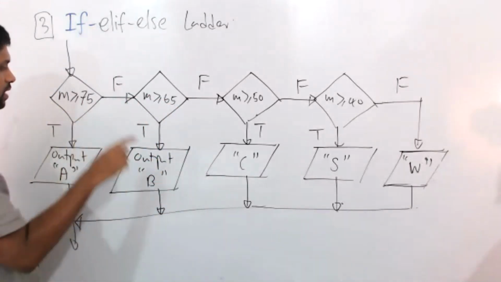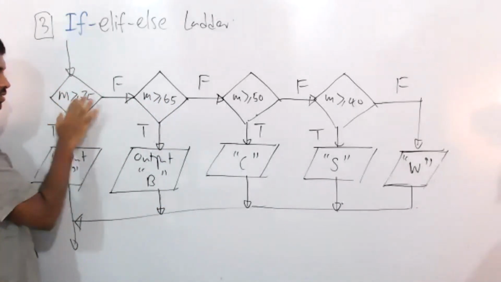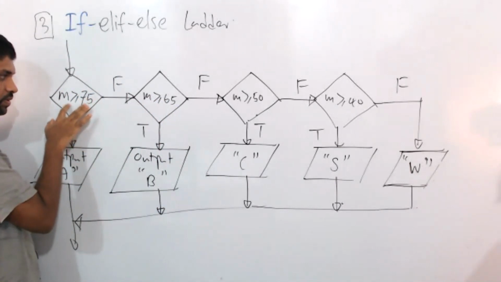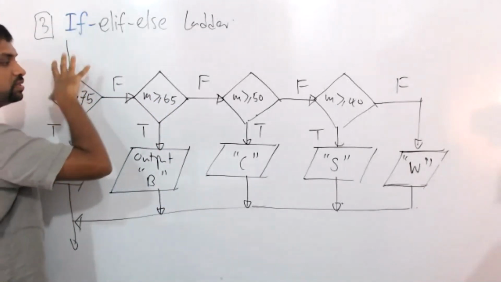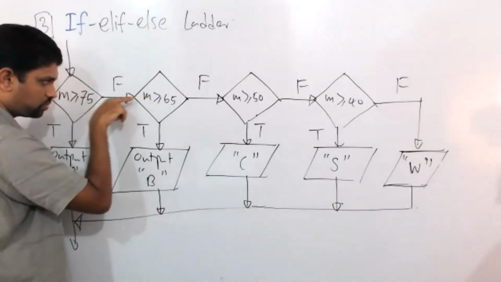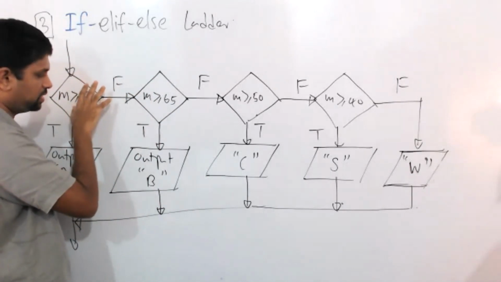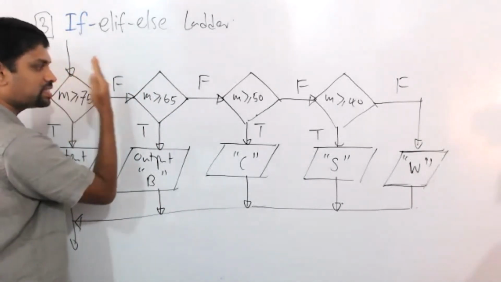Let's say that the m is not greater than or equal to 75. If the condition is false, then go to the next stage. We are going to check the second statement because the first one is false. In other words, now m is less than 75.